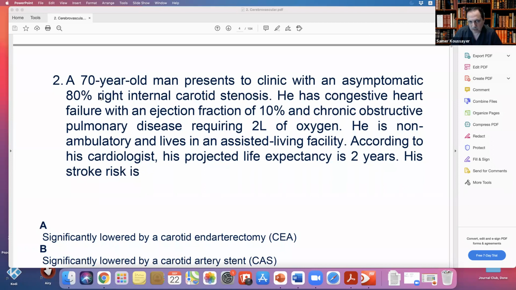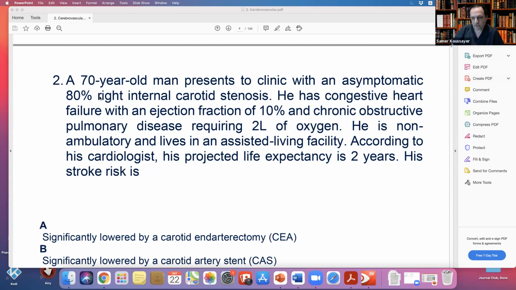Symptomatic is the opposite. Symptomatic patients get more benefit when they are older, 70 and above. And this is the recommendation: if the patient is 70 and above, you recommend even surgery, not stenting, because stenting has a high chance of stroke from embolization from the aortic arch. So this is the guideline.